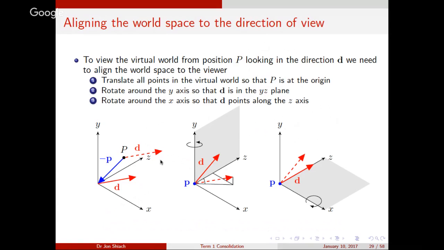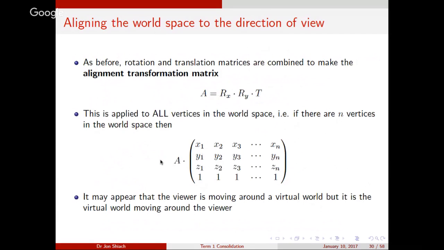So now we need to rotate it around the x-axis so that D points along the z-axis. So there are three transformations. We translate by minus P, which moves P to the origin. We rotate about the y-axis, and we rotate about the x-axis. That's what we call our alignment transformation: translate, rotate about y, rotate about x.